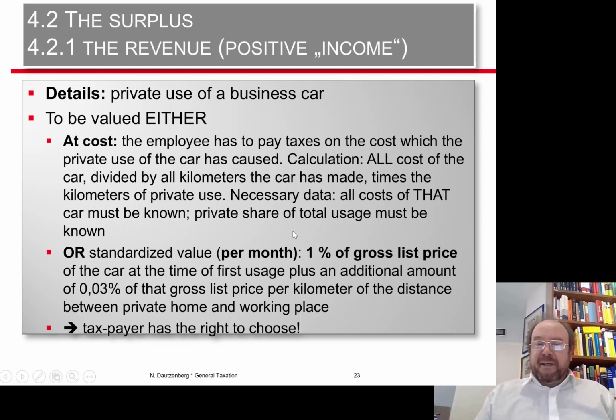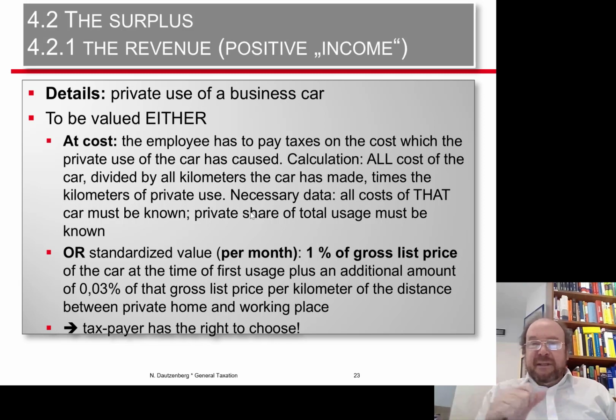The taxpayer has the right to choose. If you can give the exact cost calculation, then the monetary value will equal the costs of the privately driven kilometers. The idea is that this is the amount of cost which you save because your employer took them over.